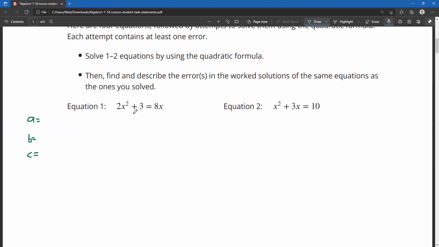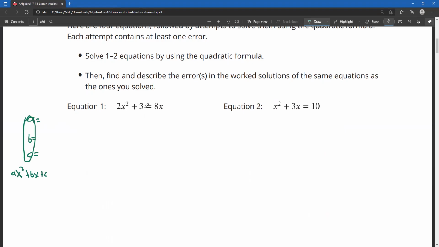This first equation is not given in standard form. A, B, and C come from the standard form ax squared plus bx plus c. A is the coefficient of x squared, b is the coefficient of x, c is the constant term.